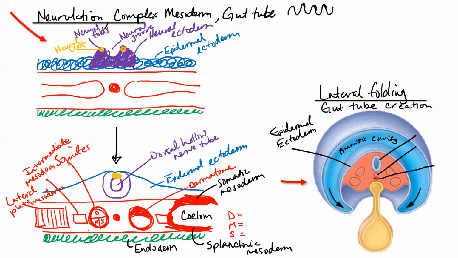The only thing I forgot is right about here and right about here, you'll have little circles in your splanchnic mesoderm, and that's going to create the dorsal aorta. I can't draw right there because my little thing is here.